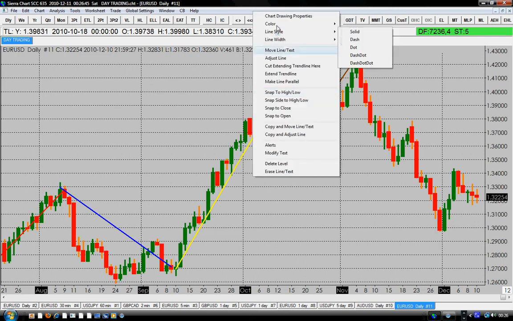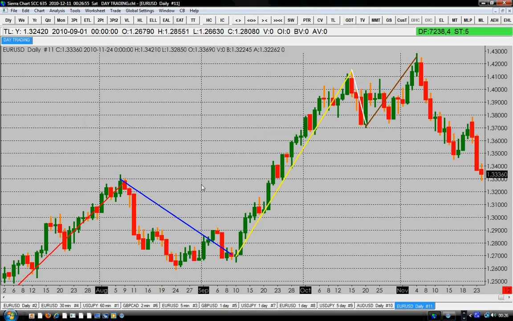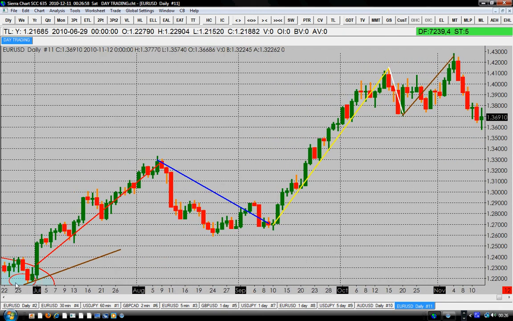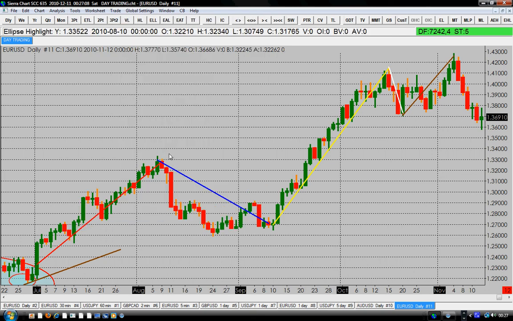What I will do, I'll call out the fourth wave in white, and I will leave this one brown. So this is all the five waves. The first wave from here to here, the second wave from this level to here. What I will do, I will highlight them. It began from this level here and terminated here, and then the second one finished here. The third one started from here and went all the way here.